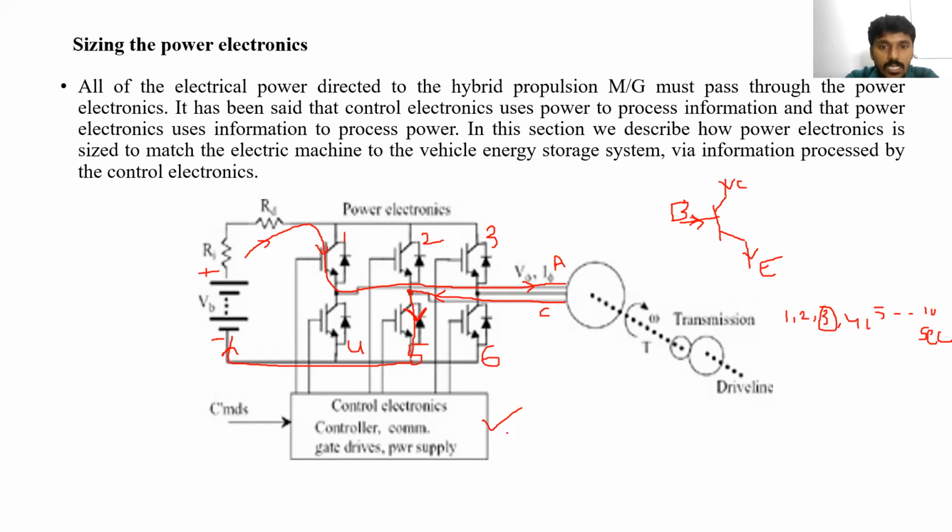Accordingly, this controlling circuit will generate the signals to these switches, and the switches will be turned on and off. Accordingly, the power will be controlled. If the power is controlled, the motor speed is also controlled. So based on these controlling circuits and inverter circuits, the motor speed is controlled, whether increased or decreased. Like this, the motor speed can be controlled by using the power electronic converter.